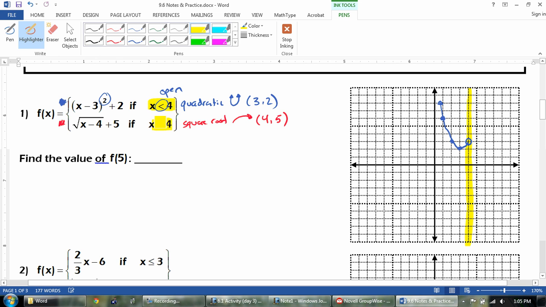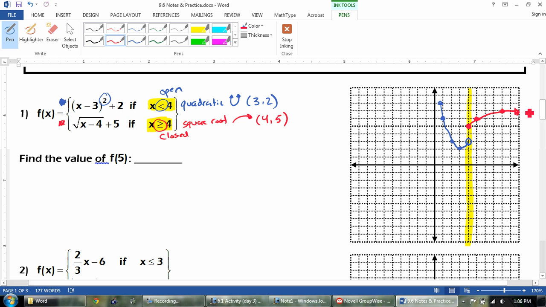And on our domain right there, we're going to be closed. So at (4, 5), I can start. I'm closed. It's right on the line, so I can make sure it's closed. Up 1 over 1, up 1 over 3. And then we just follow the rules for graphing. And there we go.